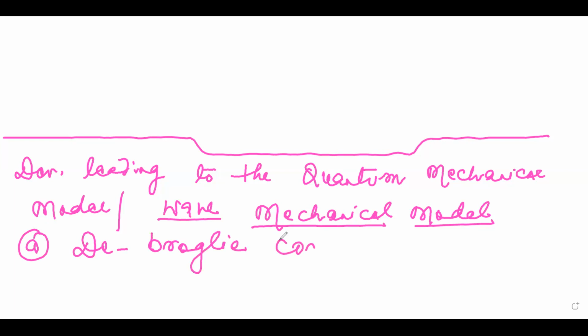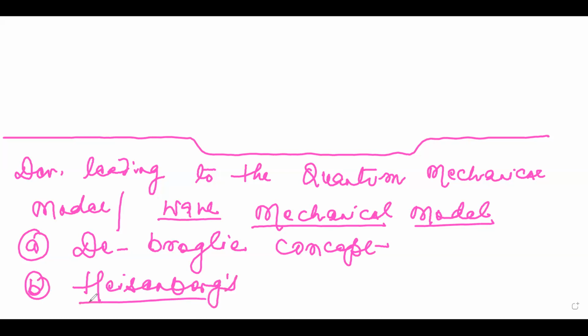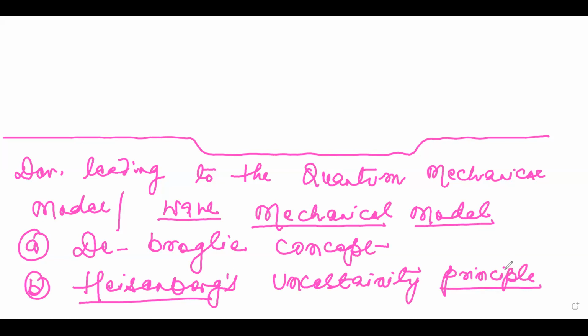So now we are going to discuss the de Broglie concept and the second one, Heisenberg's uncertainty principle. Right? I am going to start first with the de Broglie concept.